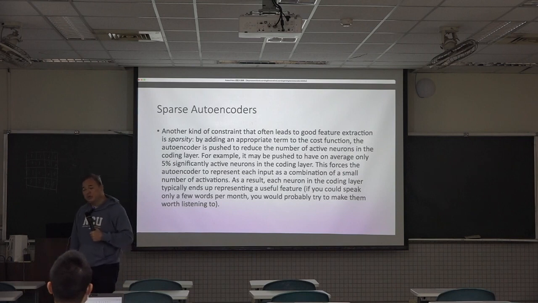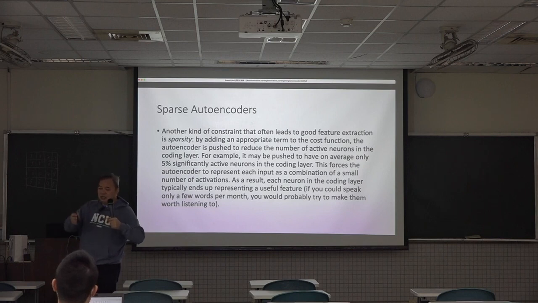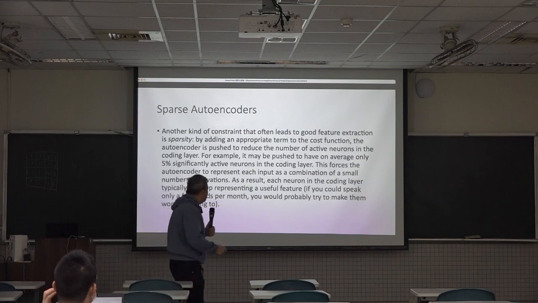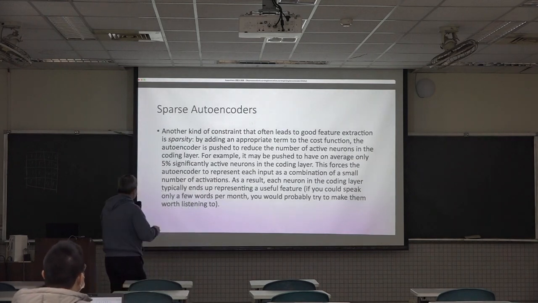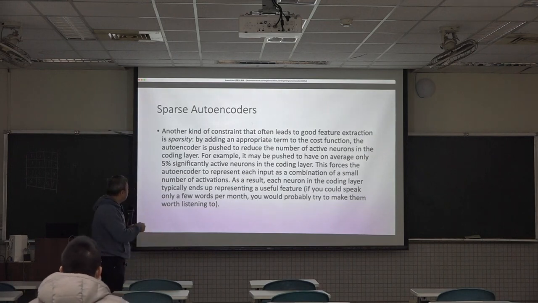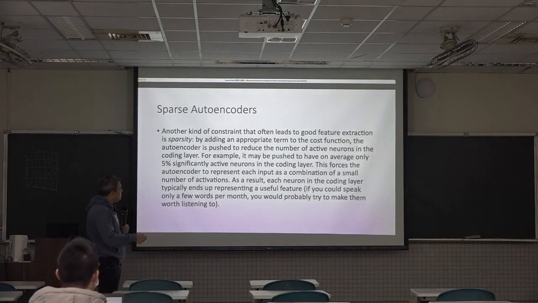I'm not saying the coding layer has to be active all the time. But normally we don't put a restriction on the coding layer to activate. Now we intentionally make the coding layer activate only 5%, something like that, in order to enforce this sparsity.